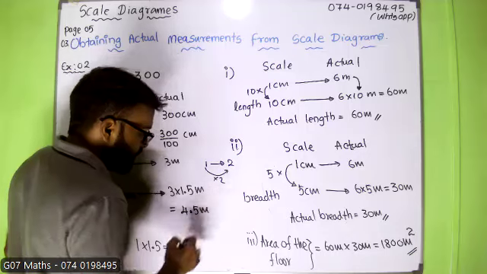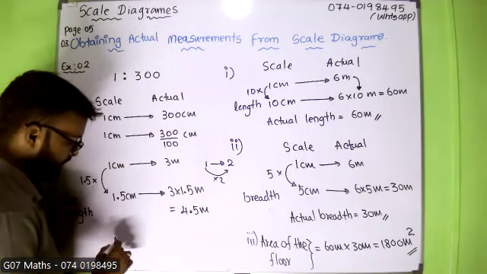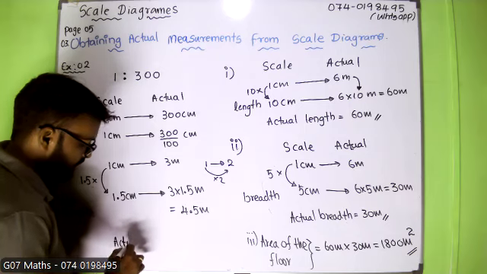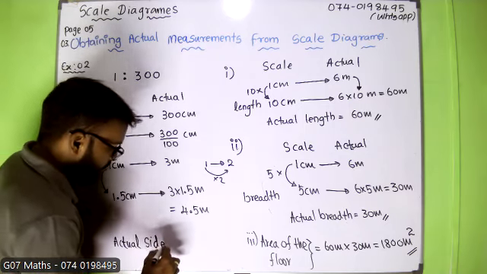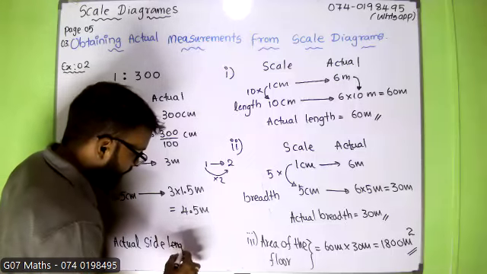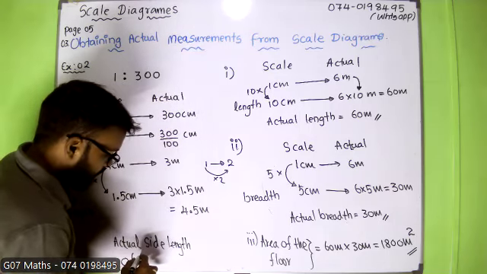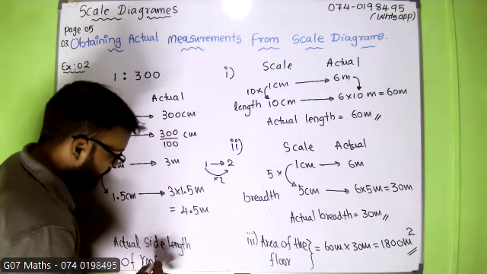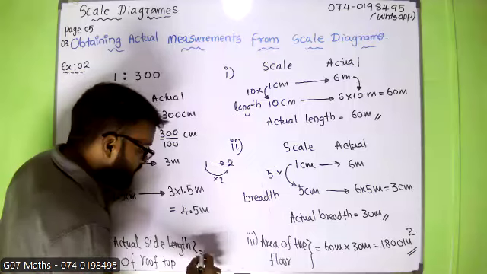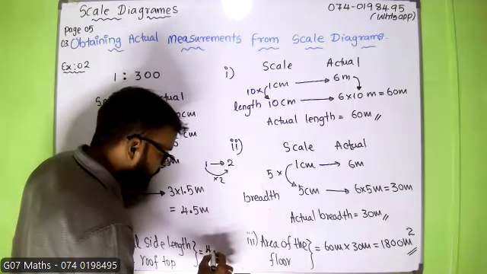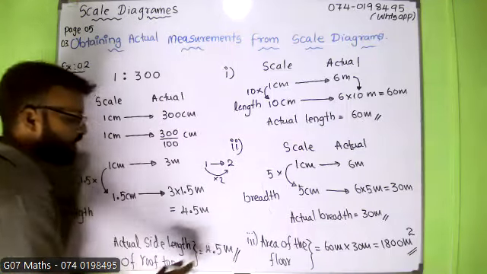Finally we can write down: actual side length of rooftop equals 4.5 meters.